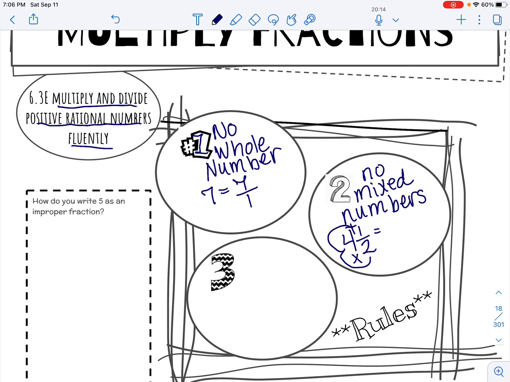So 2 times 4 is 8. 8 plus 1 is 9. And remember, the denominator stays the same. So I get 9/2. Good job, Richland Rams.